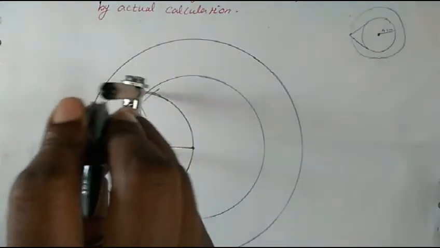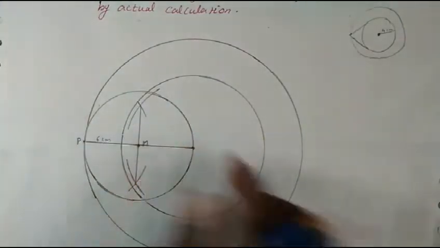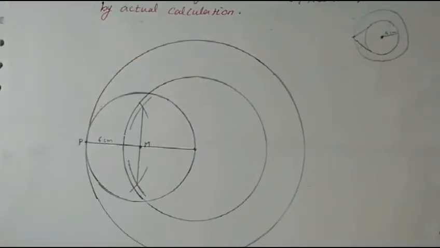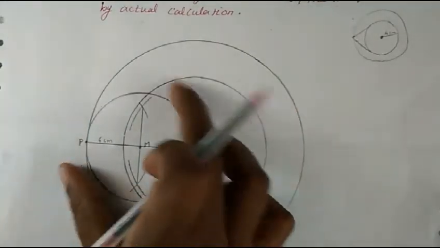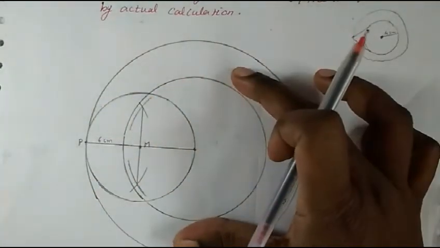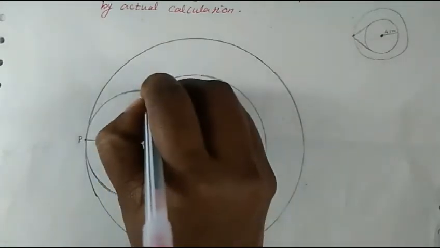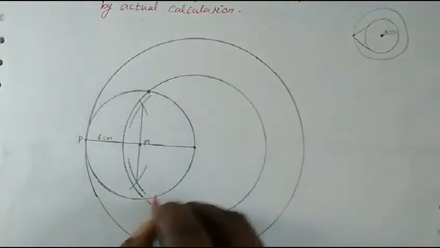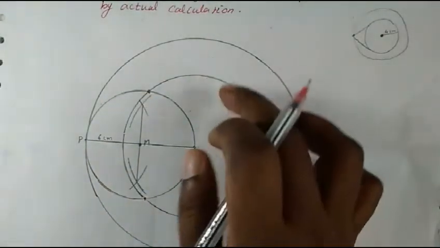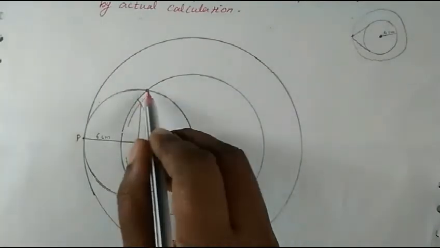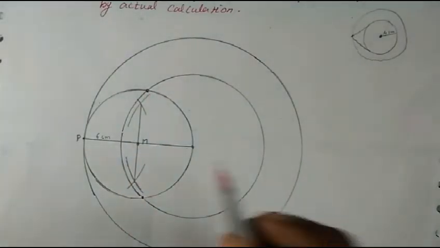Now we found this circle is intersecting at 2 points. The circle we have drawn just now is intersecting this small circle at this point and here at this point.